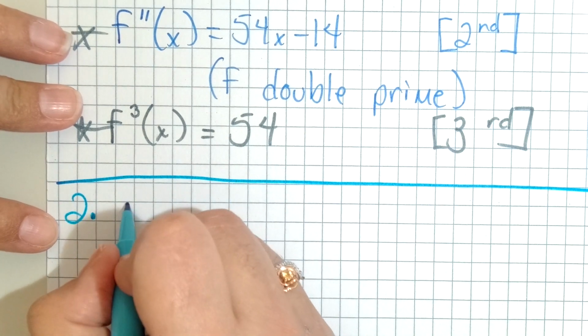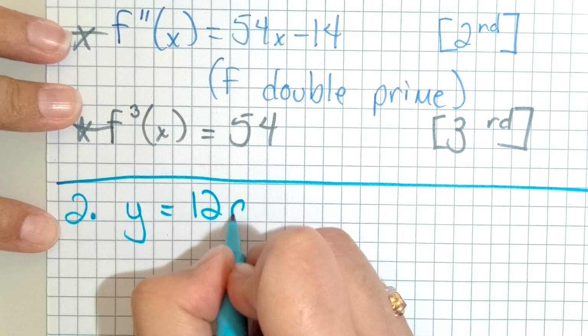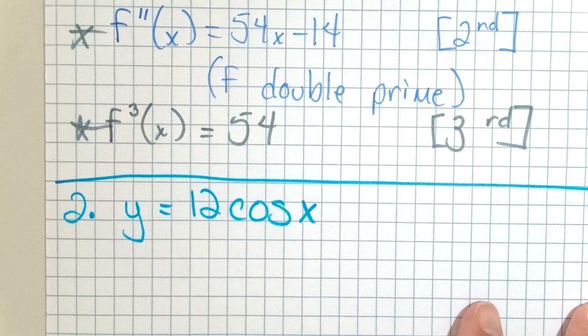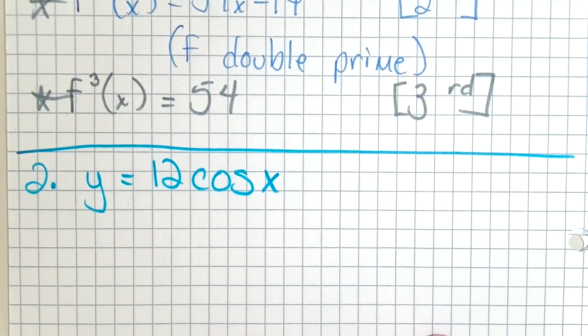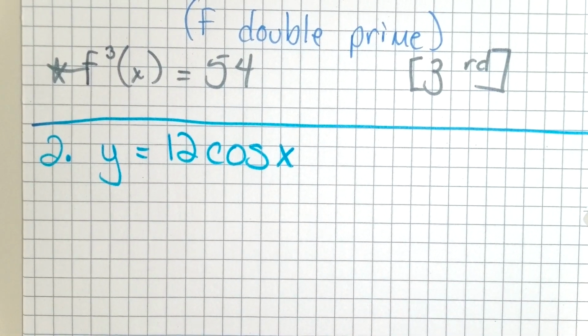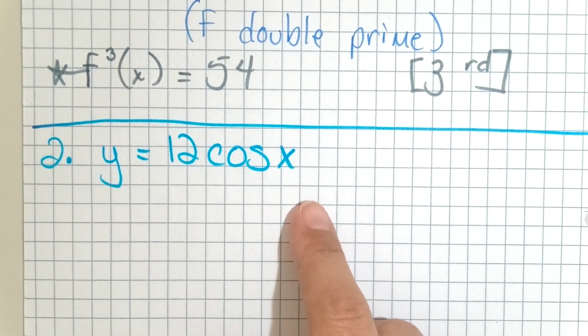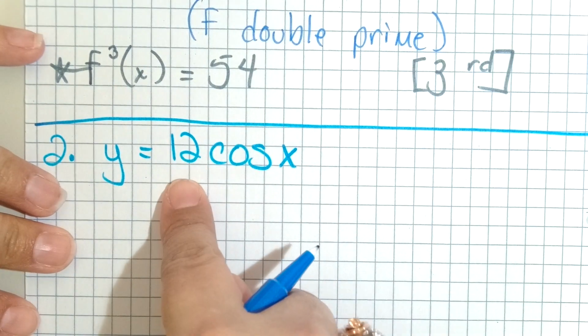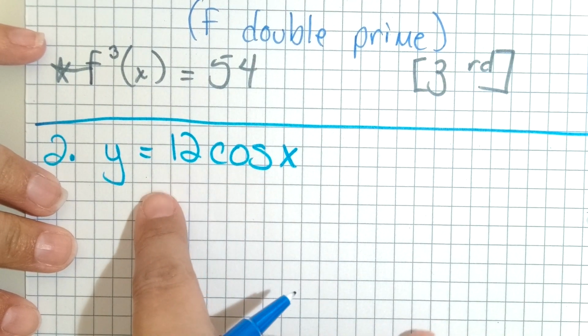12 cosine x. The directions here also tell me to find the second and third derivative. Remember that the derivative of cosine is negative sine, but we have a coefficient here, so what's it going to do?